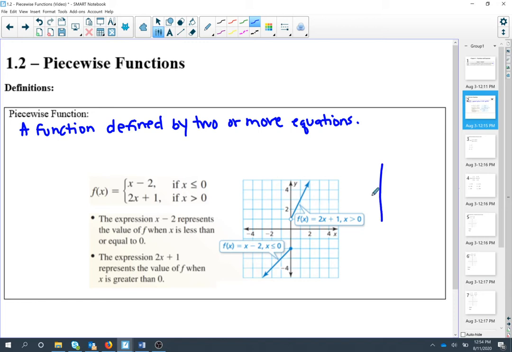If you were to have a graph that would look like this, and you did your vertical line test right here, you would be touching two parts of the graph, and that would not be a function. So right here, when I do my vertical line test, this dot is closed, this dot is open, so I'm only touching one part of my graph, so this is still a function. If they were both closed, then we would have a problem.